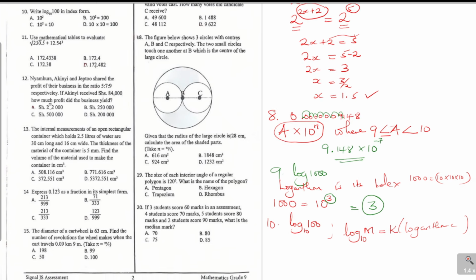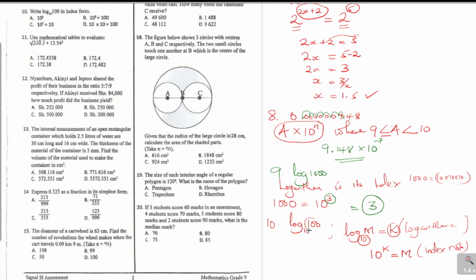You simply take 10 to the power k. That should give m. So that is how you write it. Now this one is in index notation.